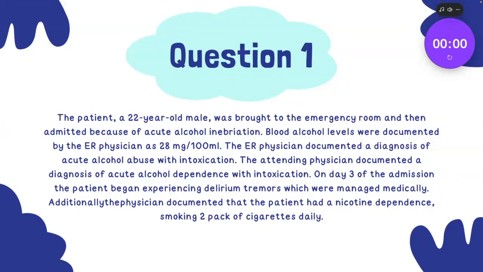The attending physician documented acute alcohol dependence with intoxication. On day 3 of the admission, the patient began experiencing delirium tremens, which were managed medically. Additionally, the physician documented that the patient had a nicotine dependence, smoking 2 packs of cigarettes a day.